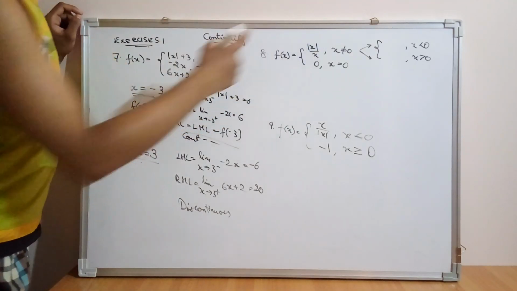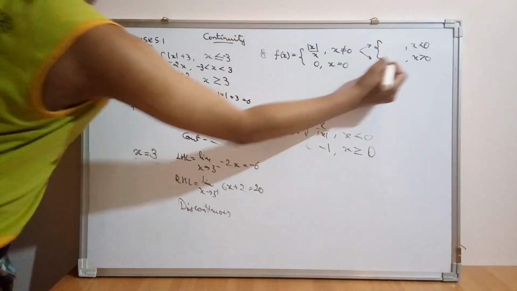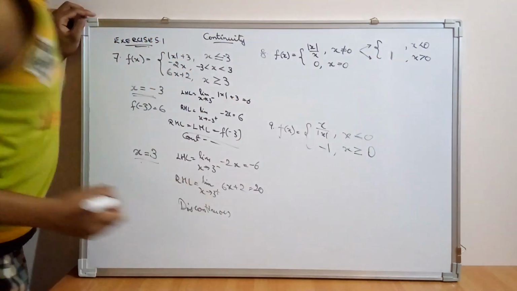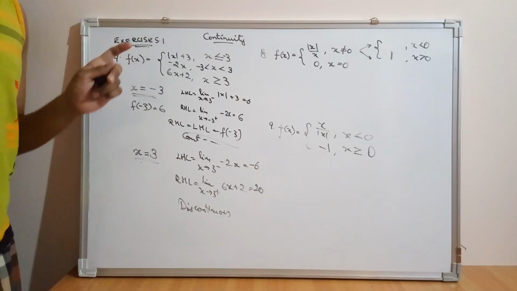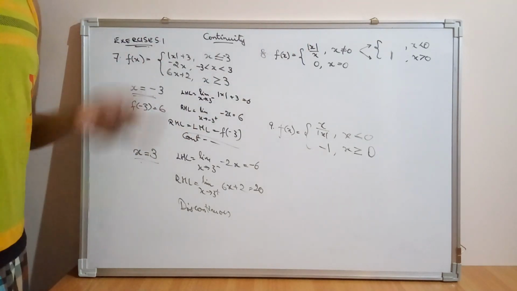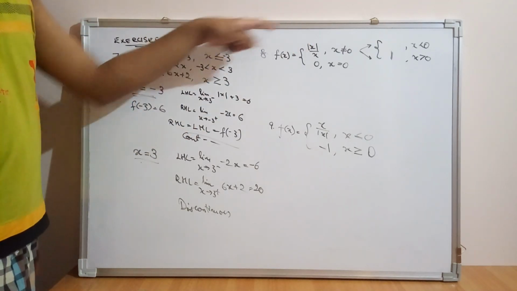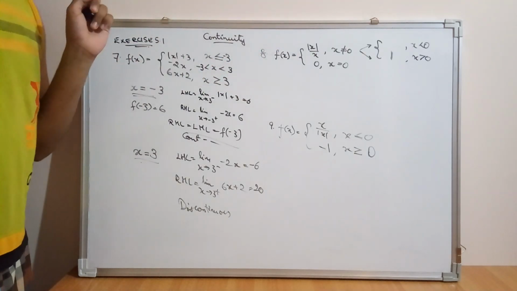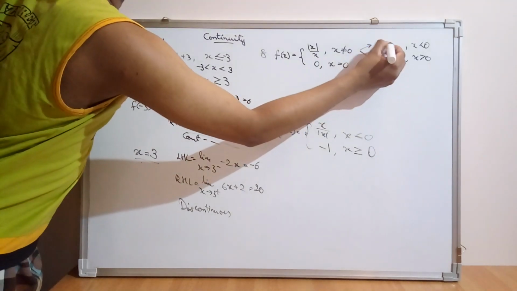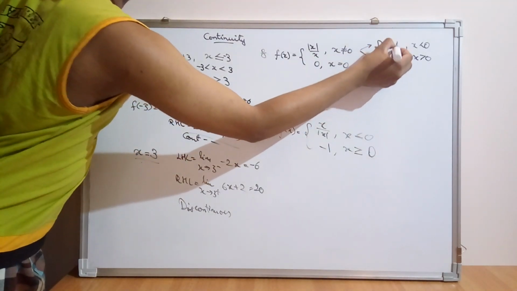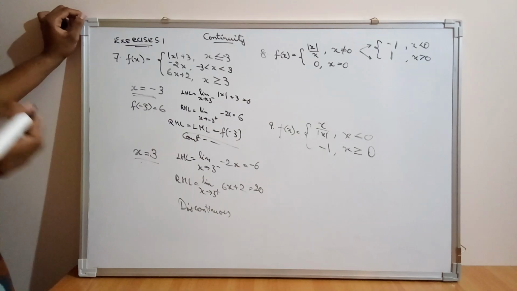So this expression becomes x divided by x, that is 1. Then when x is negative, the modulus value of x is going to be minus x. Therefore, this expression is going to be minus x divided by x, or minus 1. I'm just telling you everything vocally.